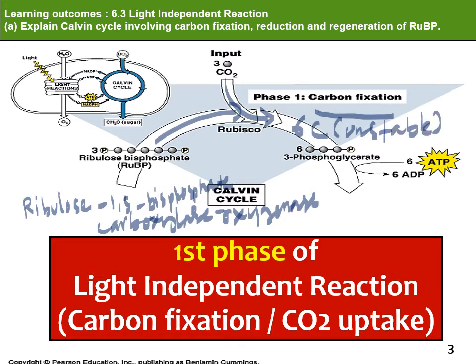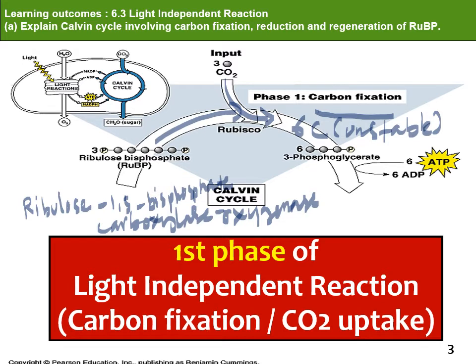So what happens next? The unstable 6 carbon compound breaks down to form 2 molecules of 3 carbon 3-phosphoglycerate or PGA for each carbon dioxide.